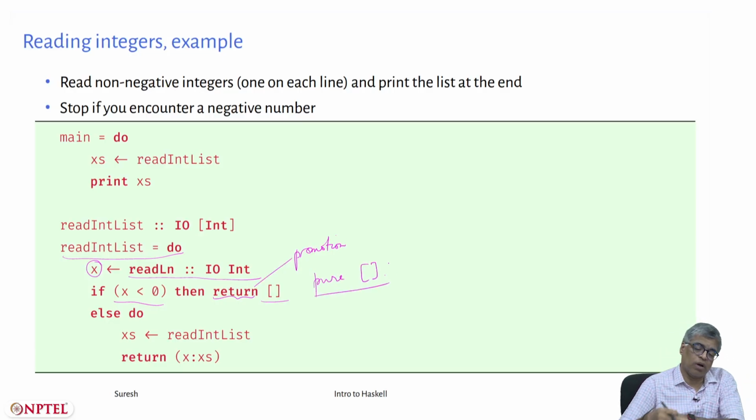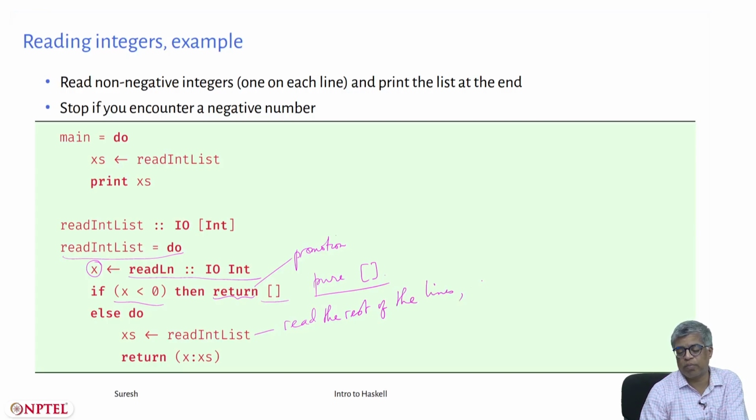Okay, fine. Else you read the rest of the list, read the rest of the lines, form a list, and then put x in front of that.